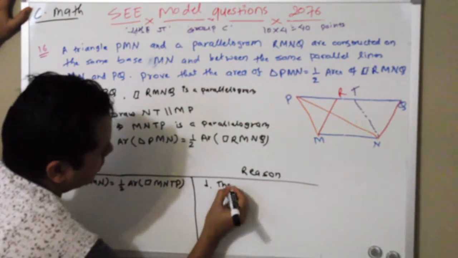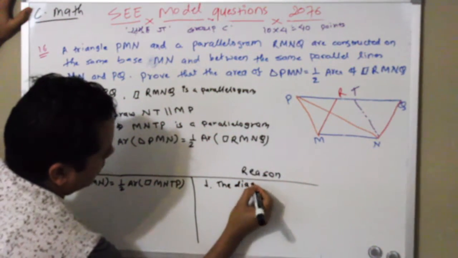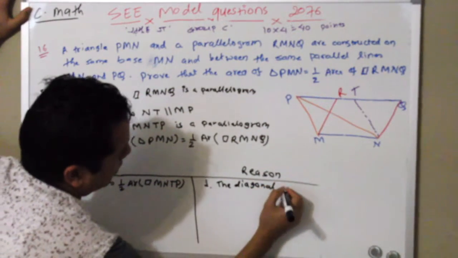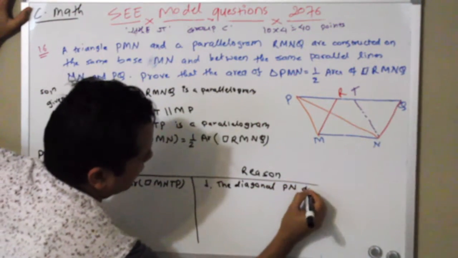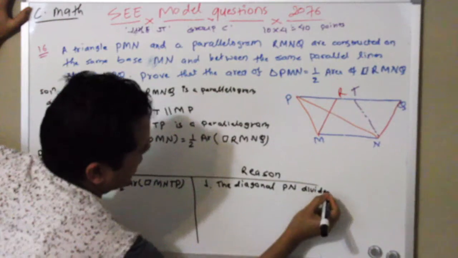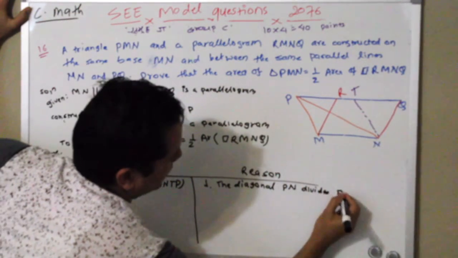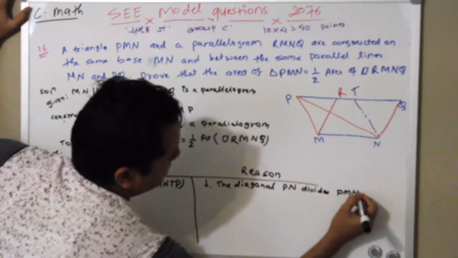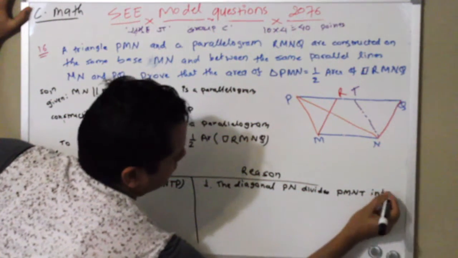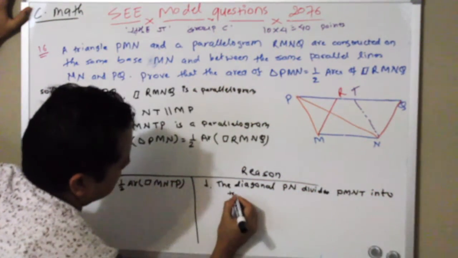The diagonal PN divides PMNT into two equal parts.